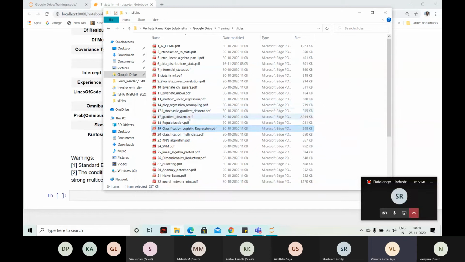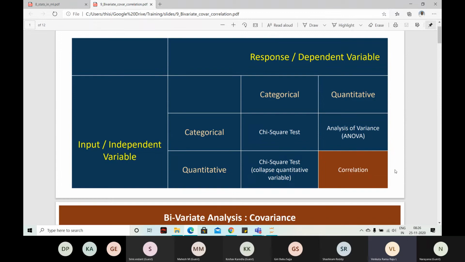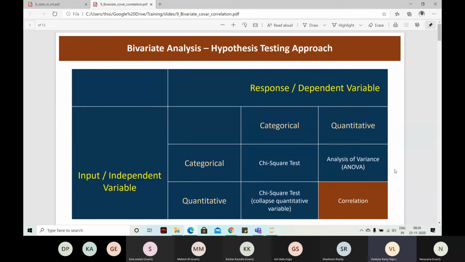Okay, so the next concept is going to be bivariate analysis. When we looked into standard deviation, mean, median, mode, we were taking one column and trying to understand it. One column only from the data, right?